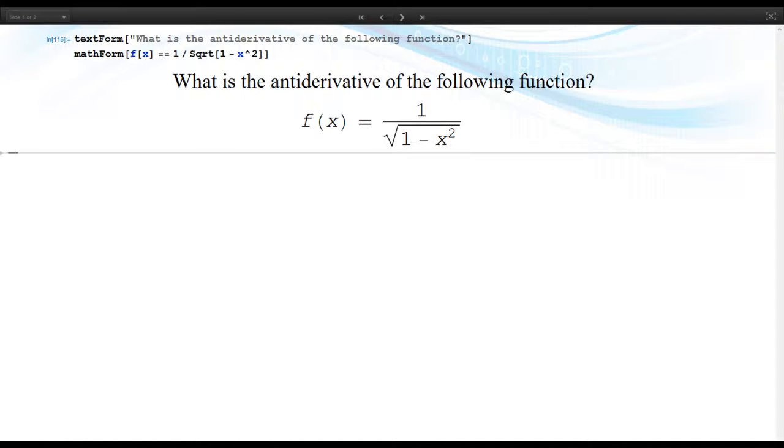So this function, if we think hard about it, we can remember that this is the derivative of arc sine. So this might be cheating, but if we know that arc sine's derivative is this, then the general antiderivative is going to be arc sine plus some constant.